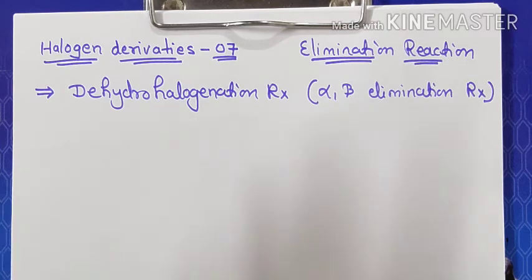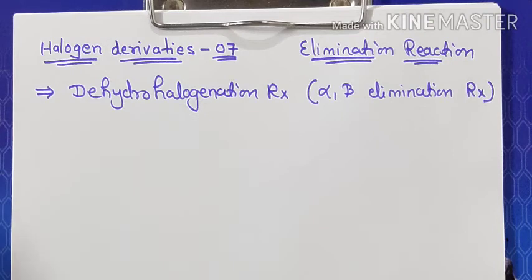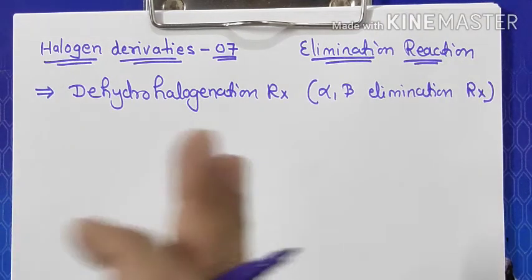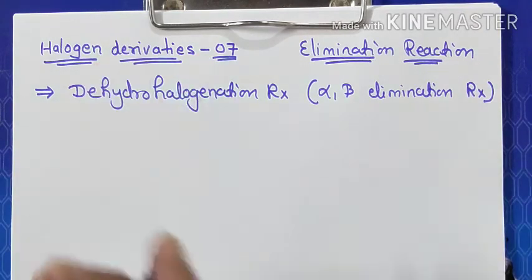Okay. Now, what is this elimination reaction? Let's understand. Elimination reaction is that reaction in which two atoms or two groups of atoms are removed, and it results in the formation of alkene. Let's understand with a general example.